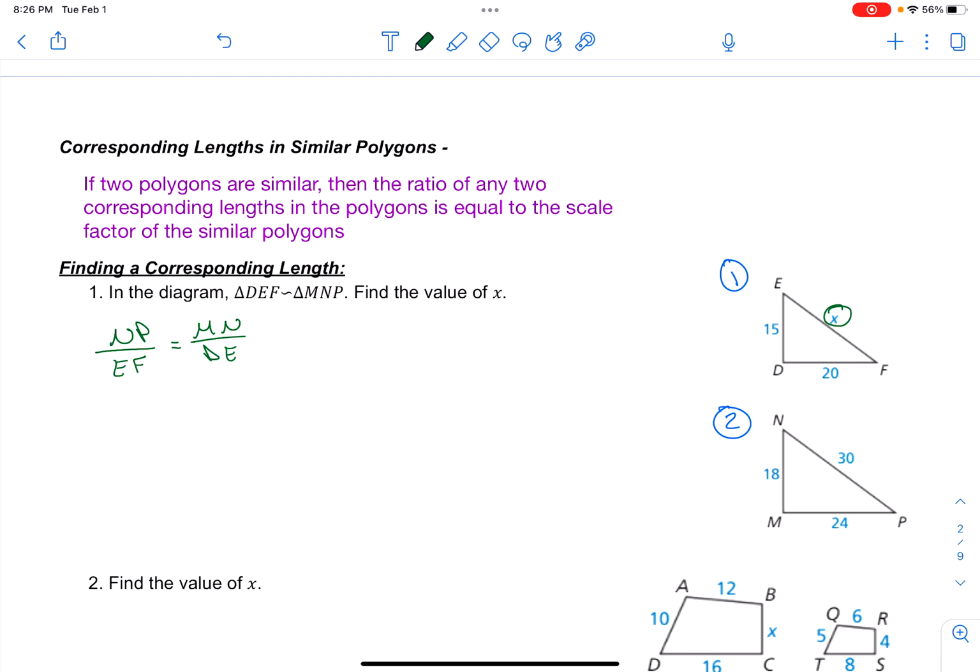Now we are going to plug in the information. NP was 30. EF was X. We didn't know what that was. MN was 18. And DE was 15.